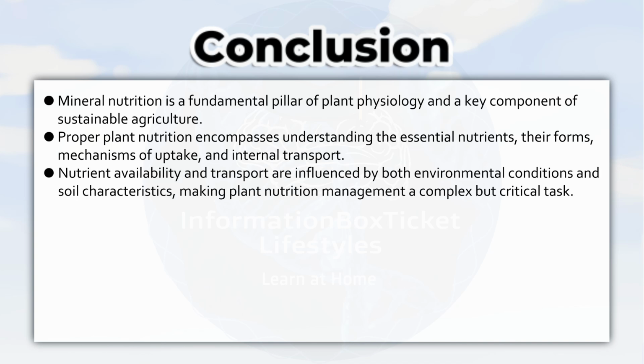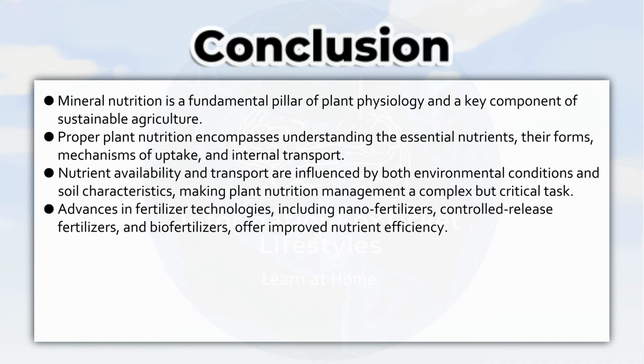Nutrient availability and transport are influenced by both environmental conditions and soil characteristics, making plant nutrition management a complex but critical task. Advances in fertilizer technologies, including nanofertilizers, controlled release fertilizers, and biofertilizers, offer improved nutrient efficiency.